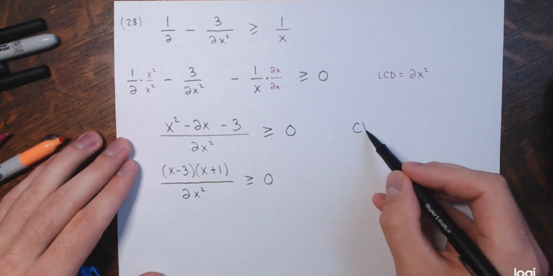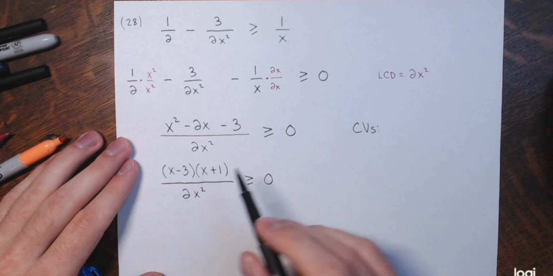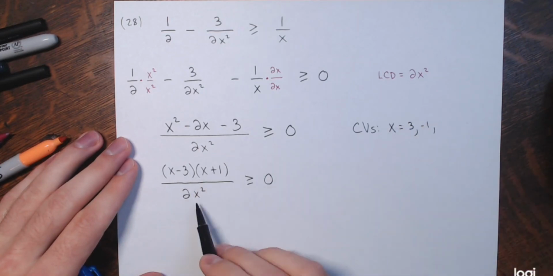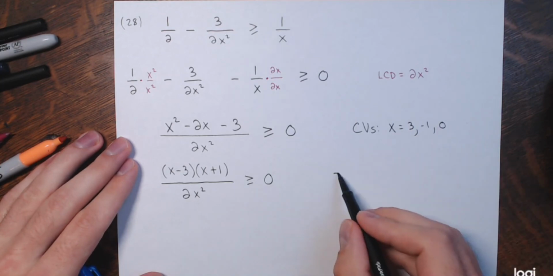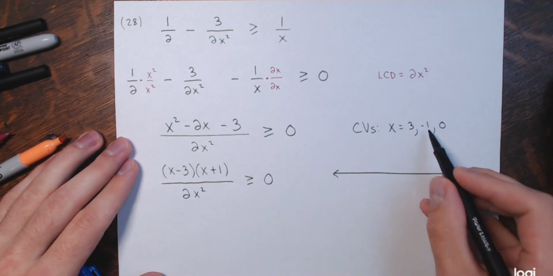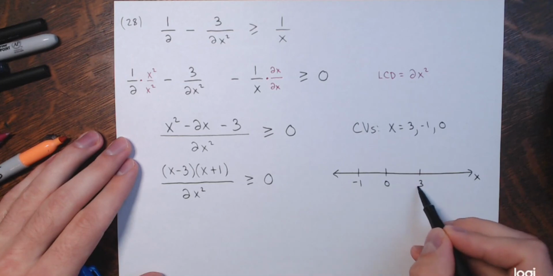The critical values, the values that make the numerator 0, are positive 3 and negative 1. And the only value that makes the denominator 0 is 0 for x. I mark these on a number line. So we go negative 1 on the left, then 0, then 3.